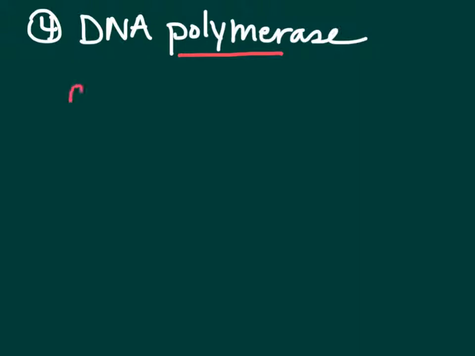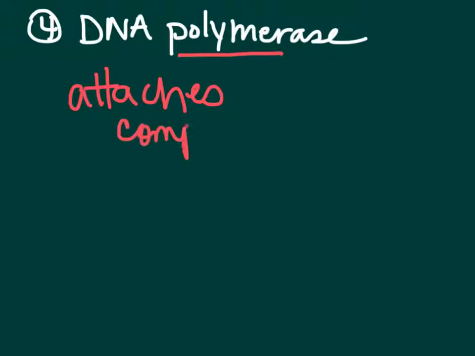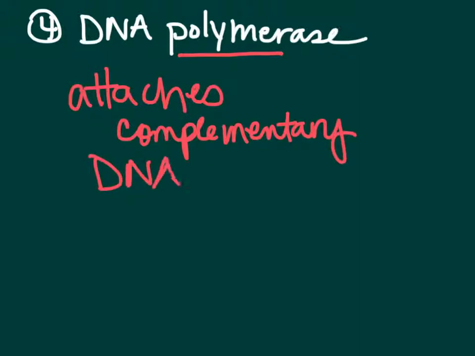So it attaches complementary nucleotides. I will say DNA polymerase has one quirk. I don't want to call it a flaw. Flaw sounds so judgmental. It's got a little quirk.